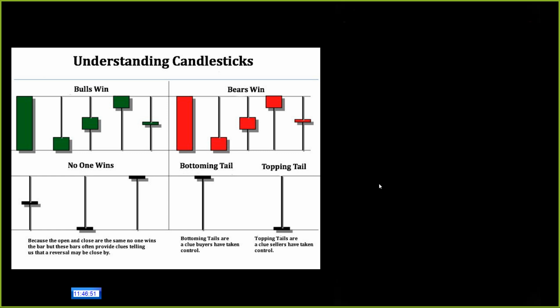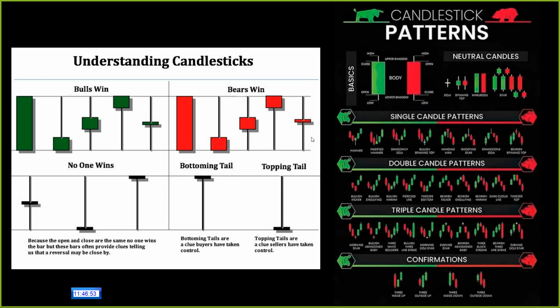So once we get through all of that, then we can get to the patterns. And we're going to be talking about this here in the next couple weeks, so that it helps us be able to read this price action. Now, I'm going to be honest with you.